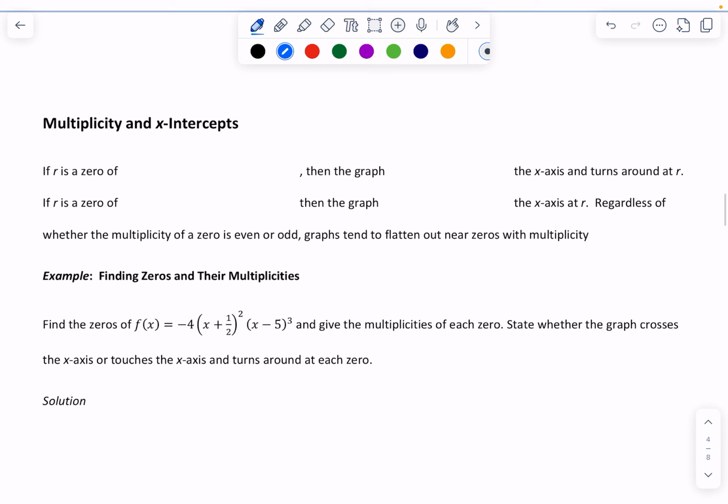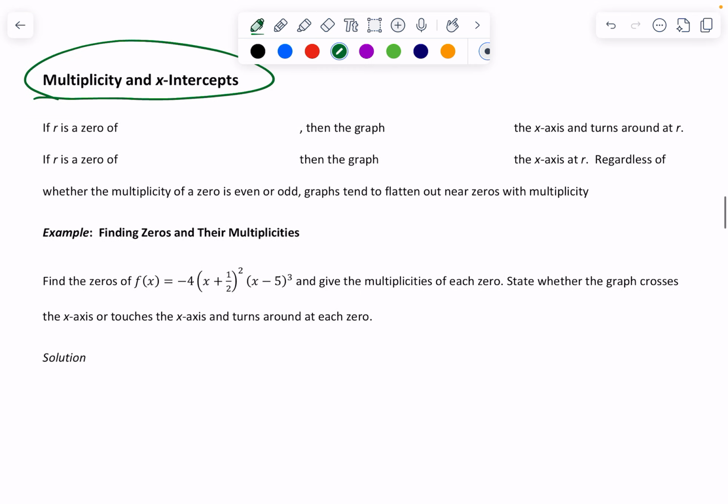So we're going to next talk about multiplicity and x-intercepts. If r is a zero of even multiplicity, then the graph touches the x-axis and turns around at r.